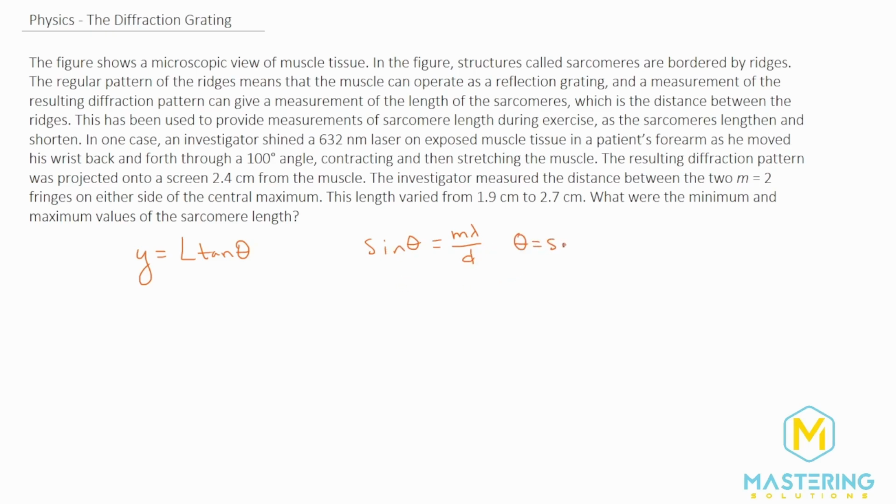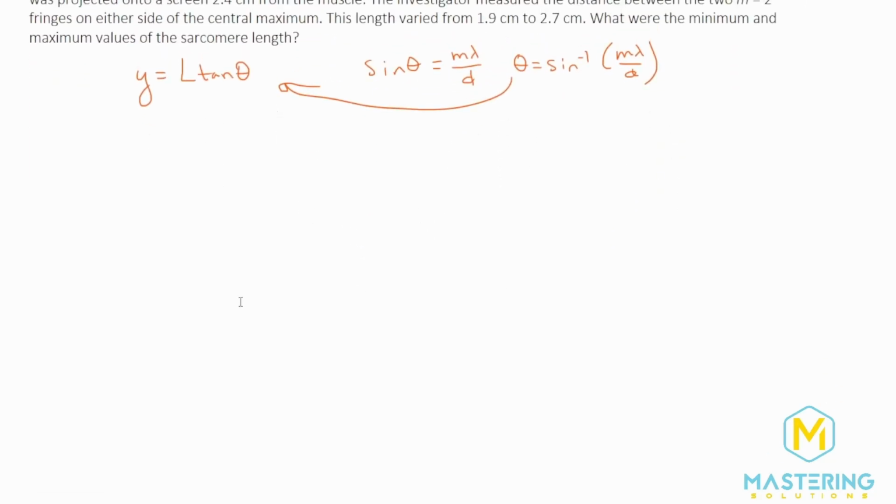Theta is equal to inverse sine of m lambda over d. Then we'll plug this in over here, and then we have to rearrange all that to solve for d. And that's where some of the algebra comes in. So first let's plug it in, then we'll go on to the next step. So y is equal to L tangent of inverse sine of m lambda over d.